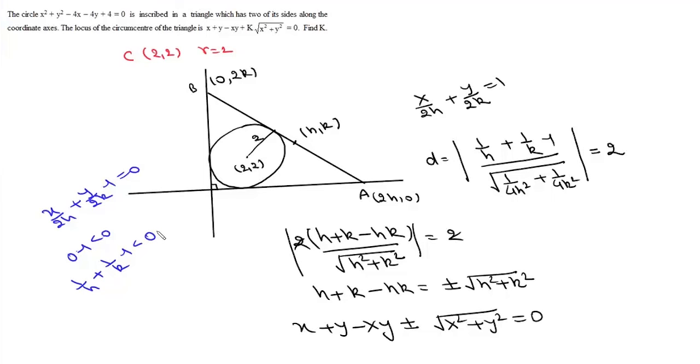And if it is less than 0, then the only sign that we have here is this minus sign. So in that case, this equation will be x plus y minus xy plus under root of x square plus y square equals 0. So in this case, the value of the sign is one and not plus minus.